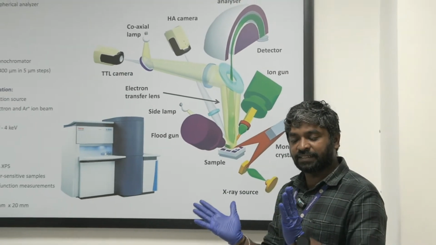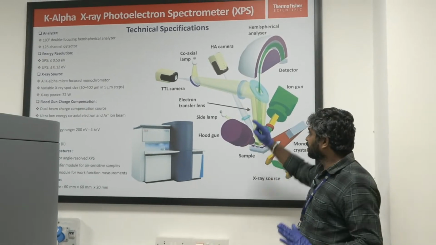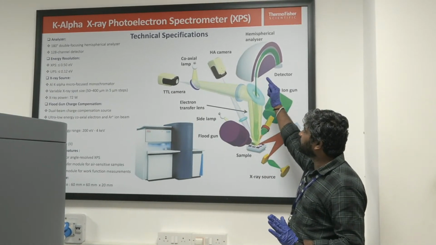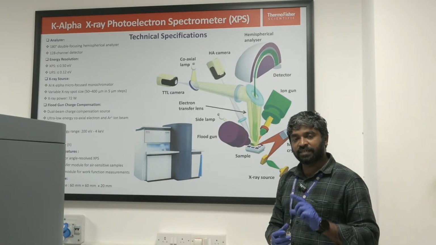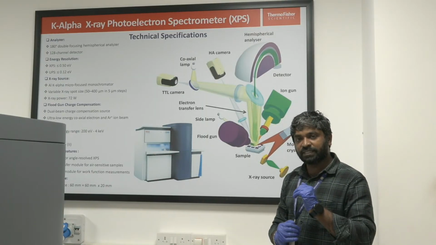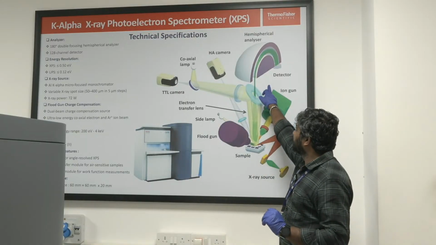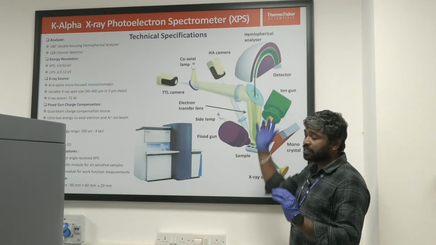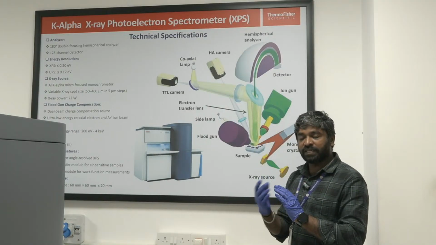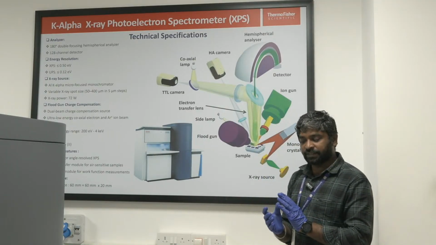This electron transfer lens converges the electron beam, and then it goes to the hemispherical analyzer. The hemispherical analyzer consists of two components: one is the inner hemisphere, another one is the outer hemisphere. In this analyzer, we allow a particular energy.